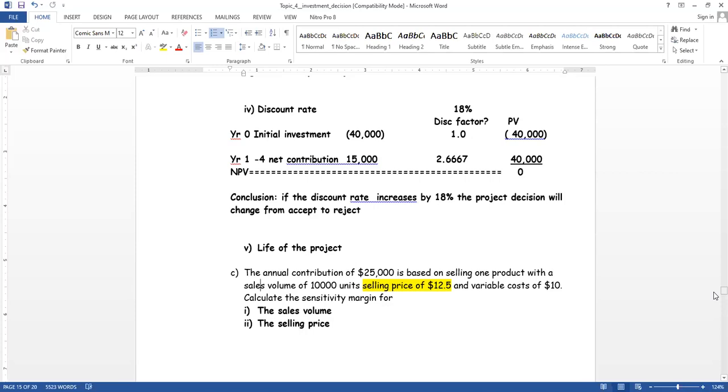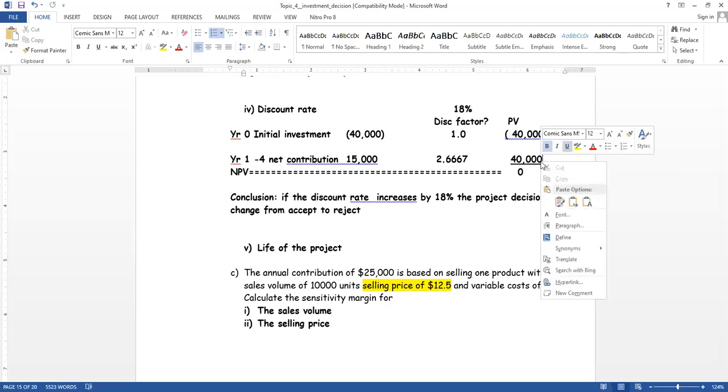Yes, because for us to get our break-even discount rate, if we are looking at the sensitivity of the discount rate, then we need the discount factor that will give us an NPV equal to 0. So if my initial investment is 40,000, it means that my PV of cash flows should also be 40, as inflow.